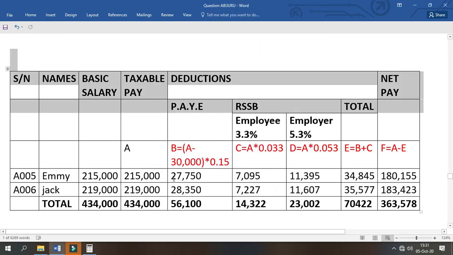This is how we calculate the pay as you earn for Amy.